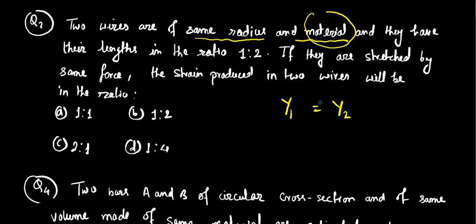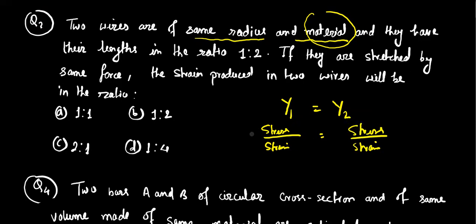Then we can equate these two. Now, as we know, the ratio of stress and strain makes the Young's modulus. This is for your first wire, and the ratio of stress and strain is once again the Young's modulus for the second wire.